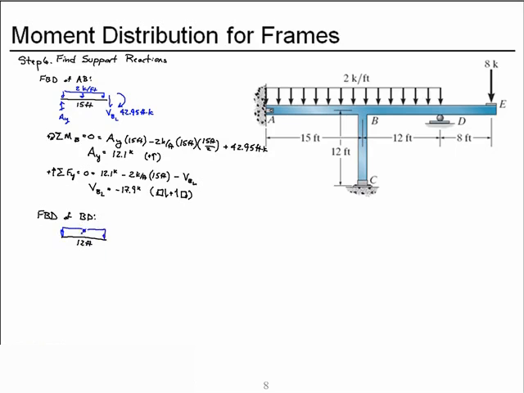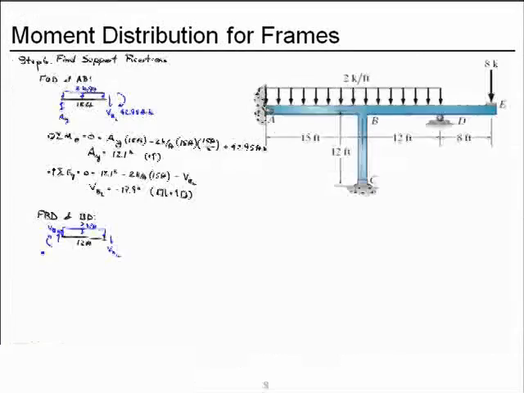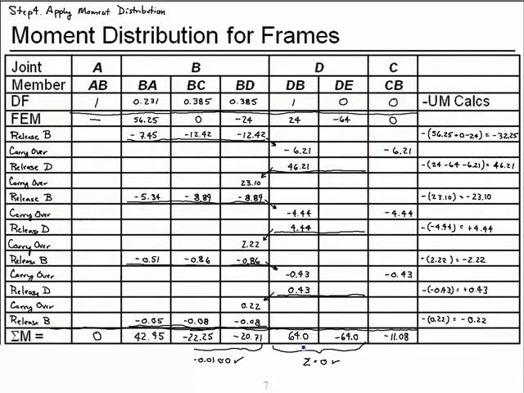Has uniform distributed load of 2 kips per linear foot, an unknown shear to the left of point D, an unknown shear just to the right of point B, moment BD we found to be negative 20.71 foot kips, and the moment at the other end, DB, we found to be a positive 64 foot kips.